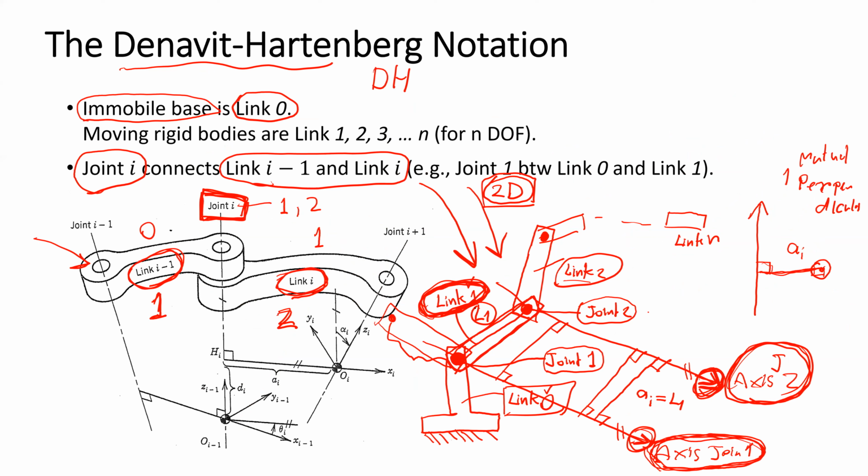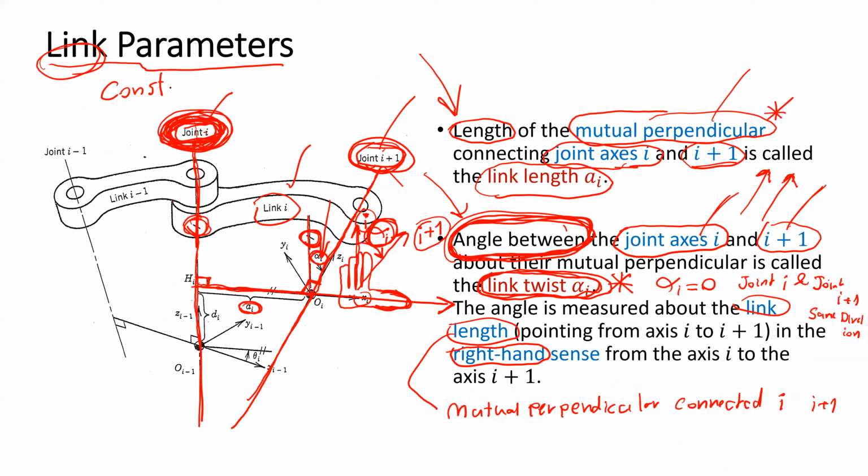The link twist, which is the angle between this joint axis and that joint axis, is always 0 because the axes are always parallel. So the link twist and link length never change with the angle of the link. The link parameters are always constant in that link.